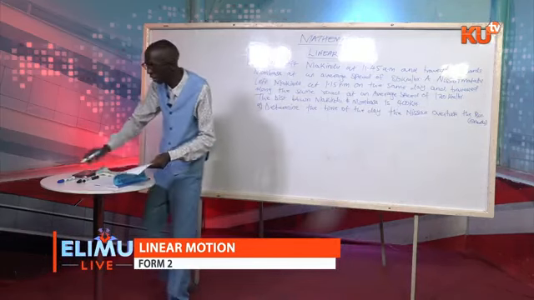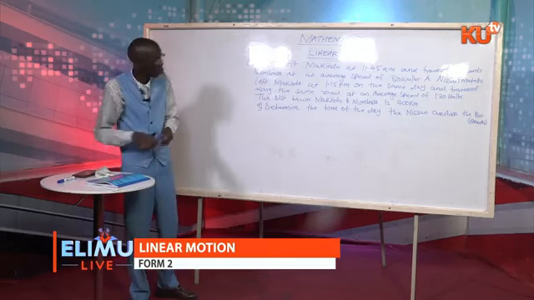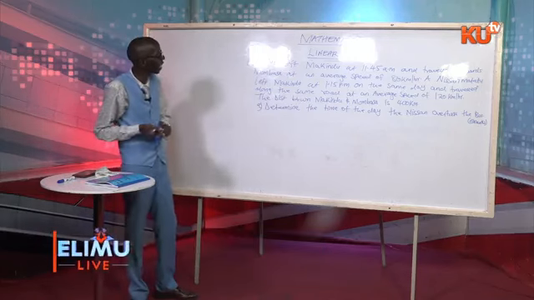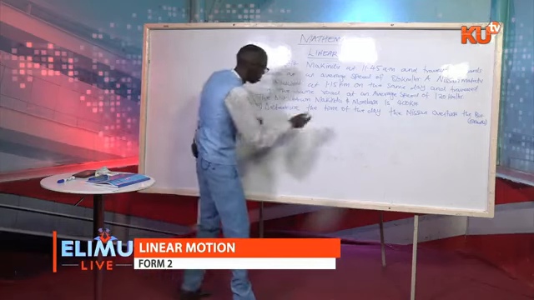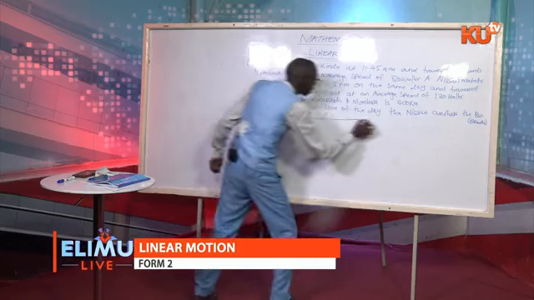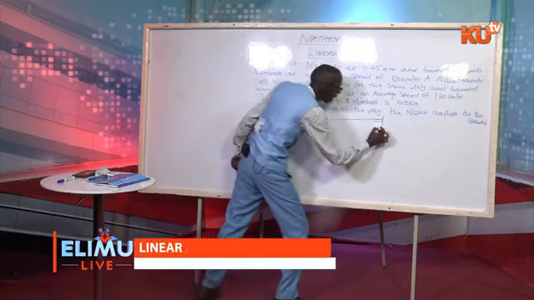Now, my dear student, basing our calculations from what we have learned, we are told that there are 2 towns here. There is Makindo and Mombasa.